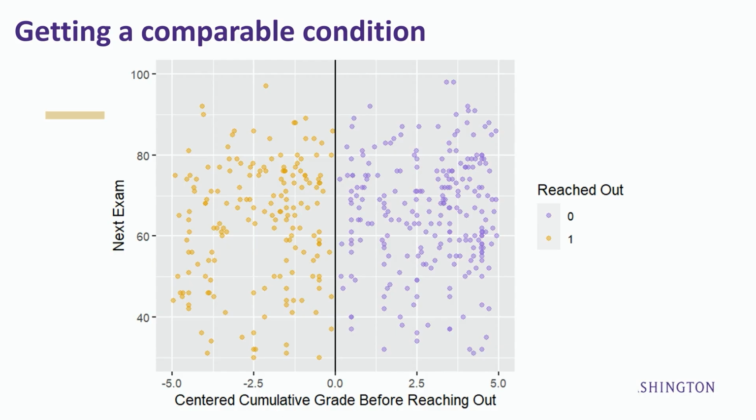If we just look at the student right below 71.5 and the one above 71.5, these two students are really similar in terms of their learning conditions and possibly their educational background. The only difference is that the student below 71.5 got the intervention, and the purple dot student just above 71.5 didn't. So they're pretty comparable, but one of them got the intervention and the other didn't.